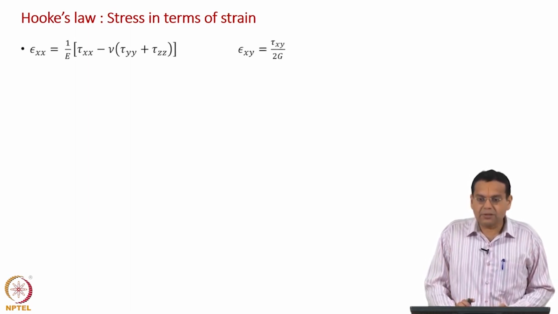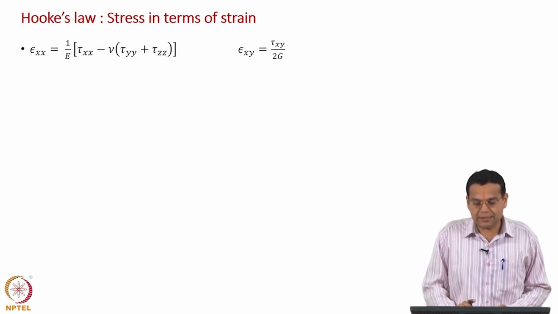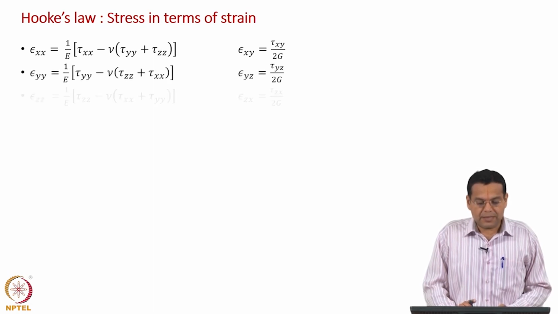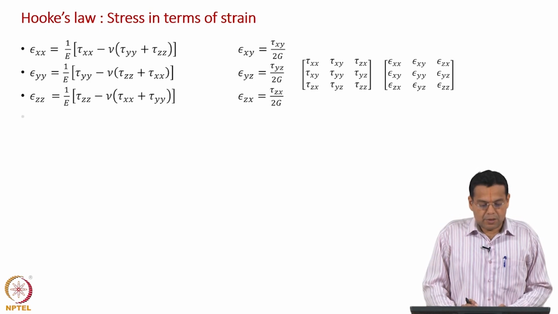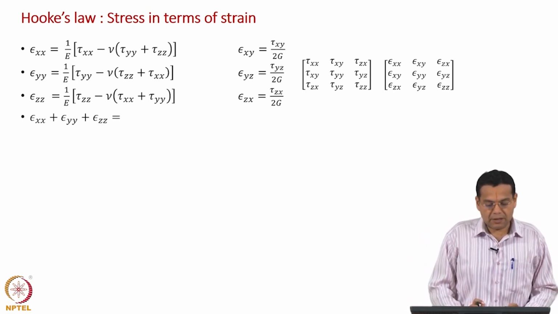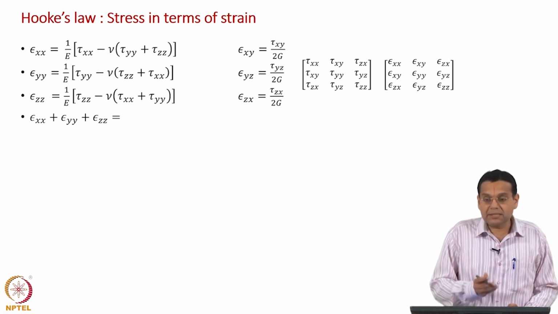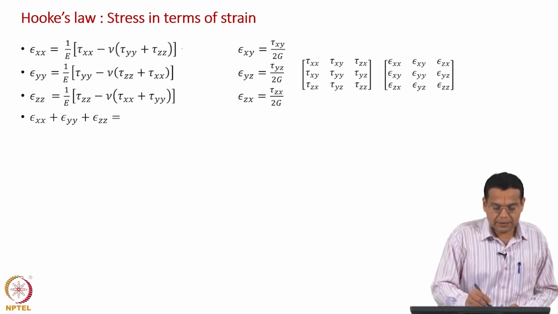So, let us list down the equations for Hooke's law expressing strain in terms of stress, all the 6 equations, and then for starting the mathematical rearrangement we will sum all the normal strains, epsilon xx plus epsilon yy plus epsilon zz, which means summing all the equations listed here.